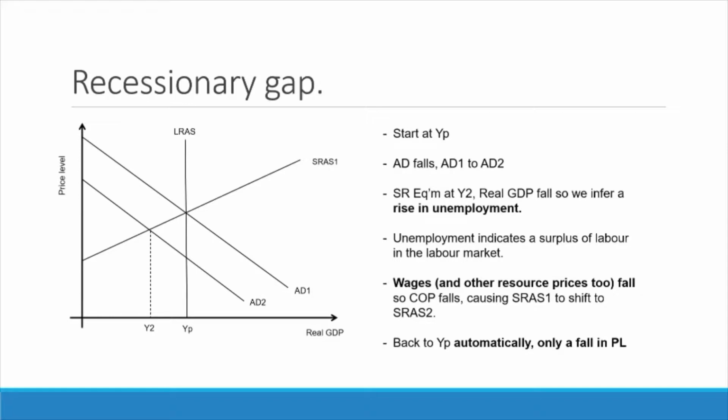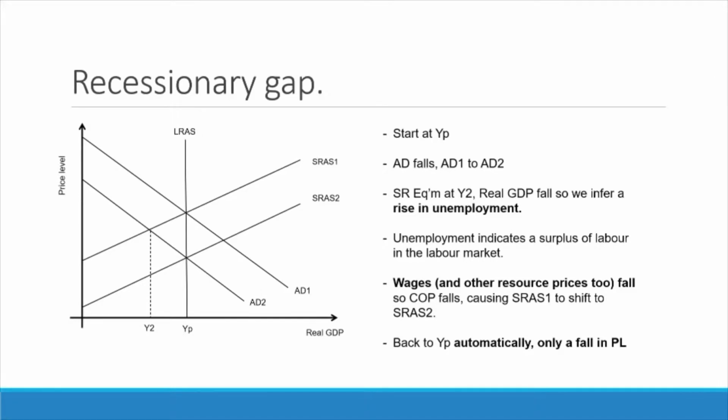So, firms decrease wages until this surplus is eliminated. Falling wages and falling other resource prices means that costs of production fall. Therefore, short-run aggregate supply shifts right, moving the economy back to YP. Hence, the economy has moved back to potential output automatically.